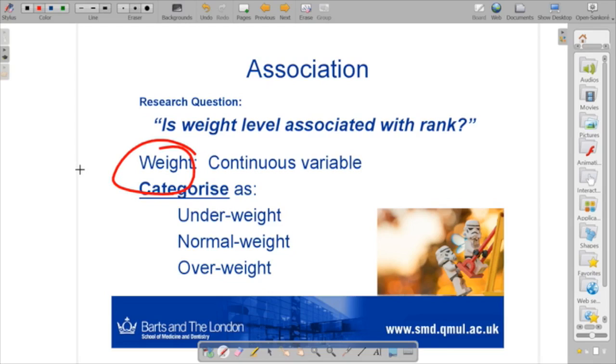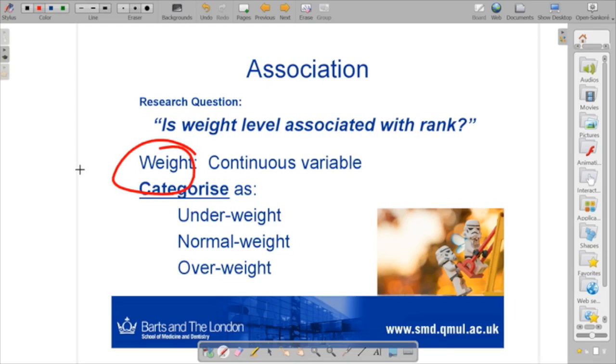But when we have such a situation, if we want to use a general test that works with categories, we can categorize the continuous variable. And that's fairly straightforward. We do it all of the time. So on a questionnaire, you may see age, 20 to 30, 30 to 40, 40 to 50.